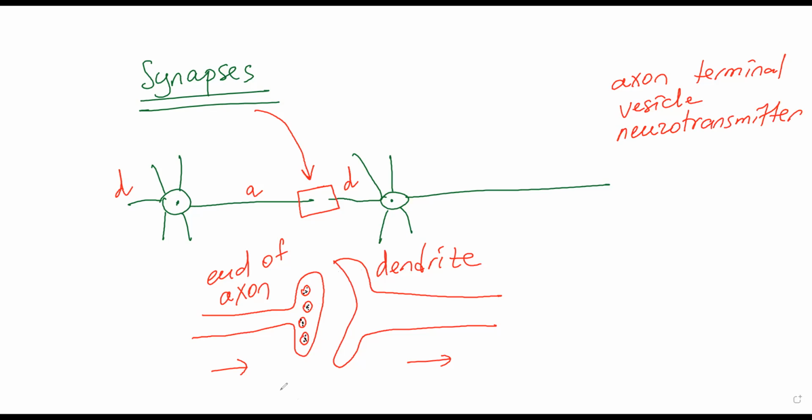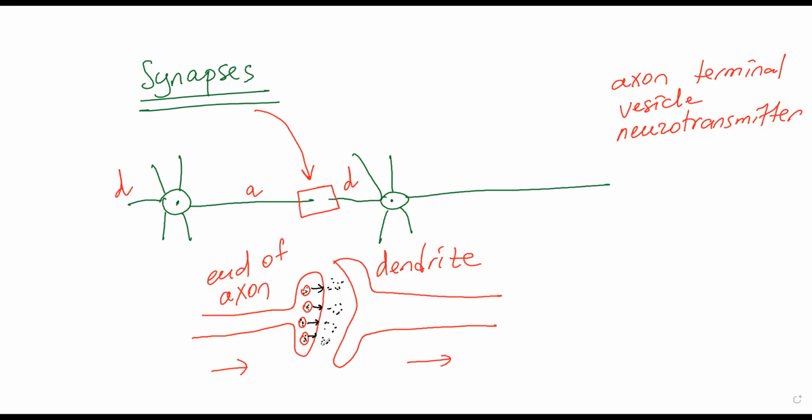So when the impulse arrives at the axon end, the axon ends release the neurotransmitters in the vesicles. These vesicles move towards this end and fuse with the membrane of the axon. And these neurotransmitters pass into this space, guys.